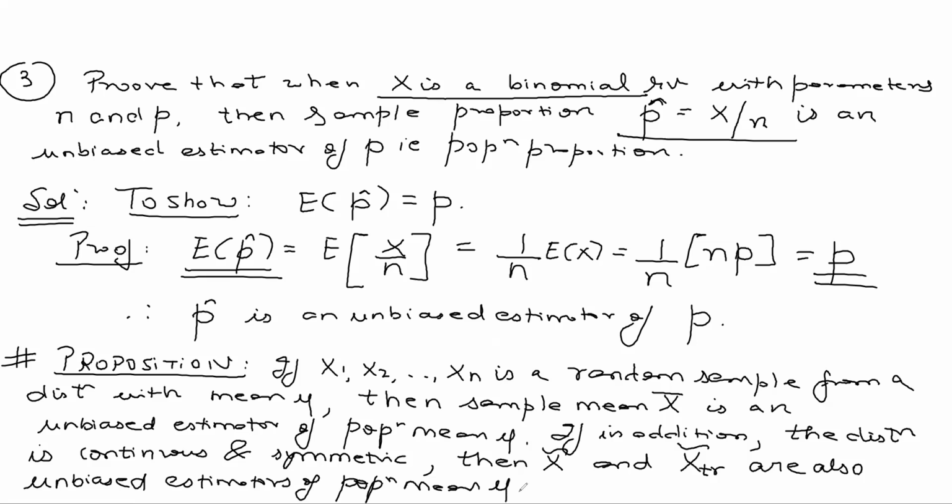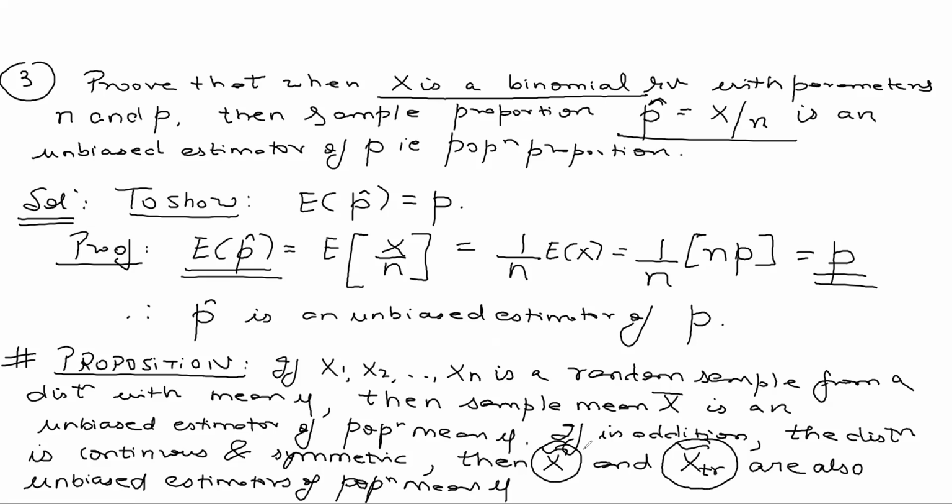So what is this proposition telling us? It is telling us that if x1, x2, xn is a random sample from any distribution, not necessarily normal, it can be any distribution, then the sample mean x bar will be an unbiased estimator of the population mean mu. And in addition to it, if the distribution is a continuous distribution and it's symmetric, then the sample median and the trimmed mean will also be unbiased estimators of the population mean mu.